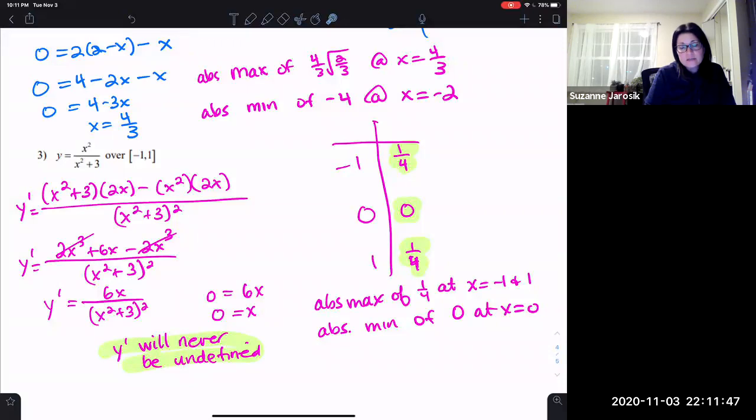There's no way to get 0 there. You'd need x squared to be -3, and you're never going to get that when you're squaring whatever value it is for x. So you'll never have that type of critical point. But you have one other critical point at 0, and that only requires me to set the numerator equal to 0 to find that.